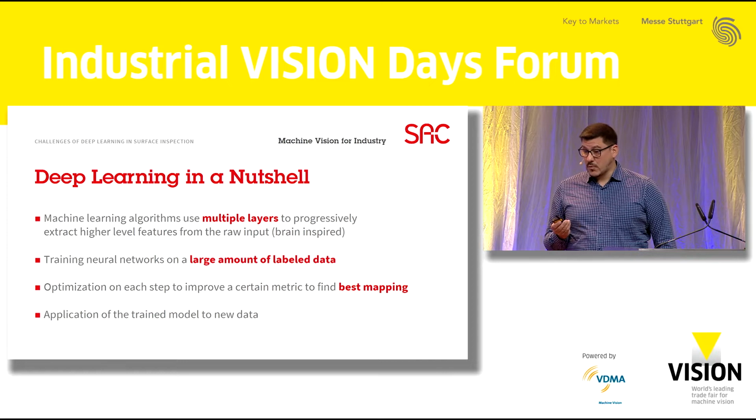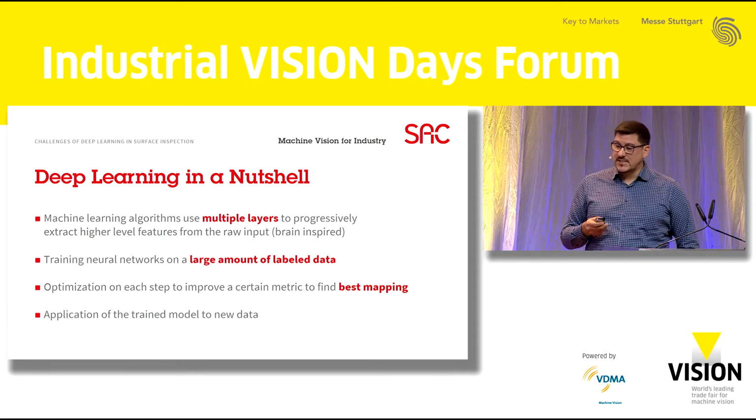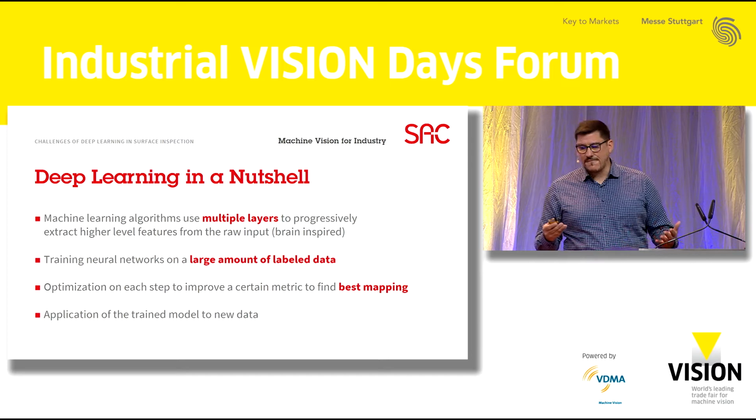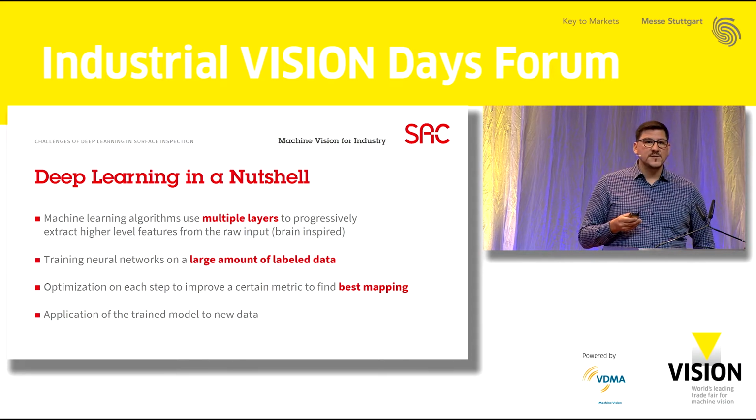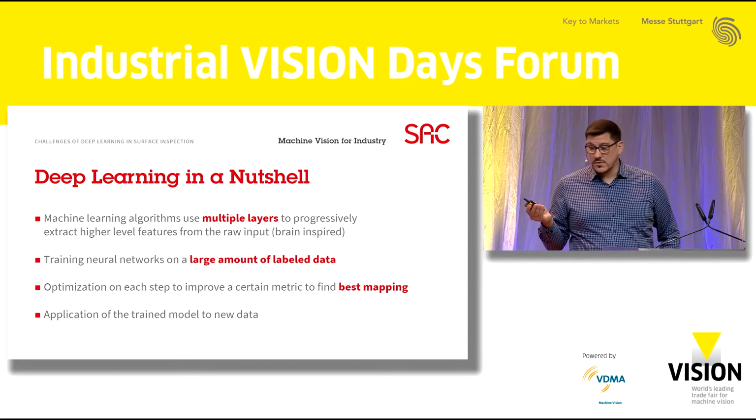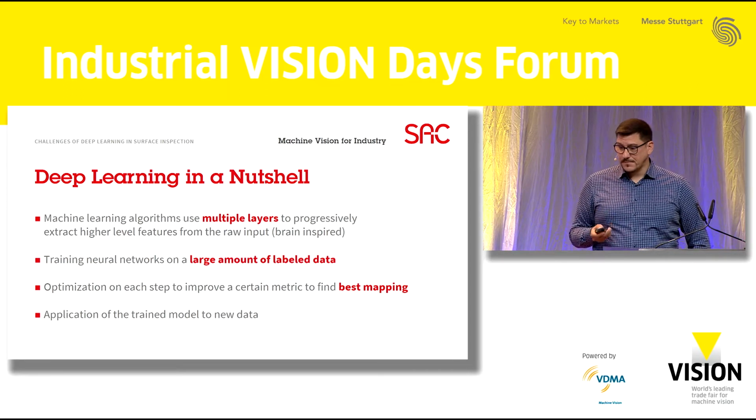Training of neural networks requires a huge amount of labeled data. Optimization at each training step improves the metric to find the best mapping of input data to output data. And finally, the trained model is applied to new, unknown input data.